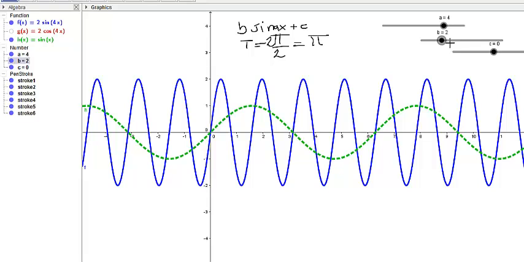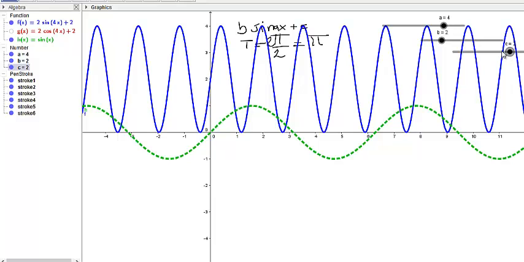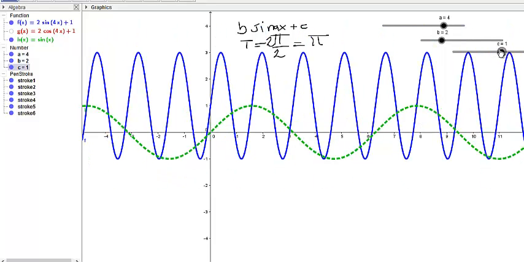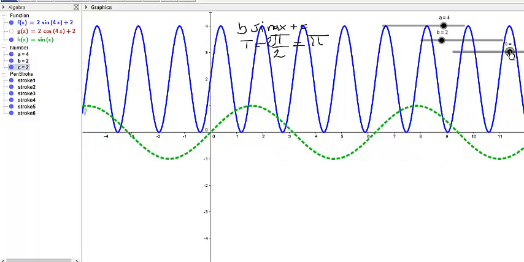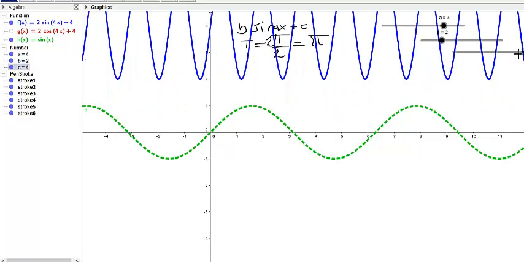Okay, what about c? c is going to move the graph completely up and down. Like when you say c is equal to 1, the same graph, everything is the same, 1 unit up.